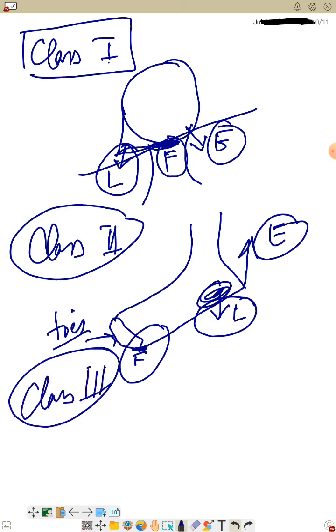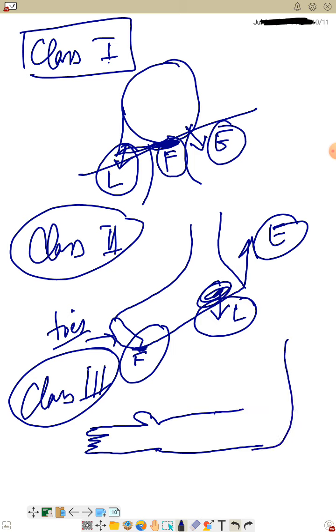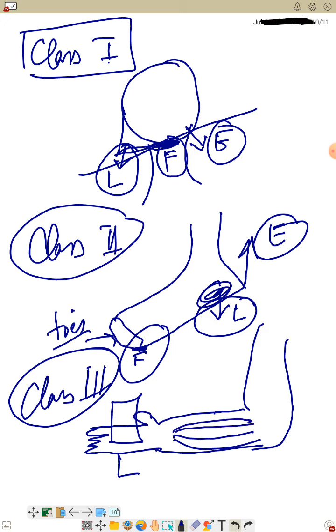The third one, class 3 lever, is raising a load which is kept on our palm. Don't look and judge my pictures here. So here this is my arm, I have a load here, so this is my load. These are the muscles present here, which help me lift this load.